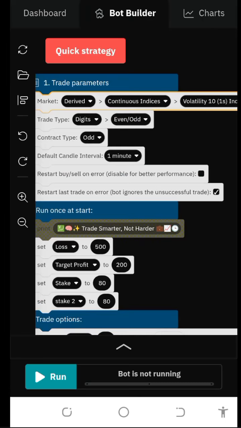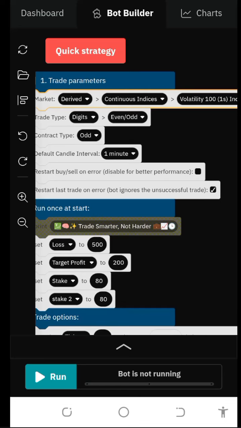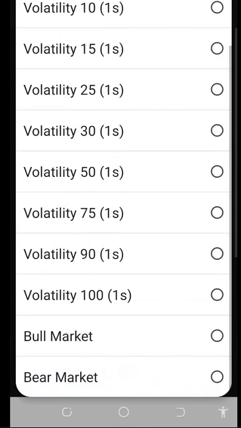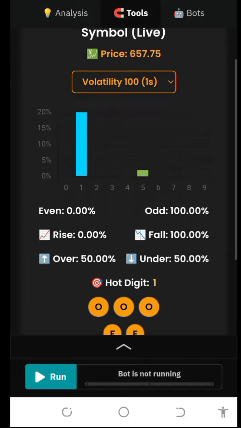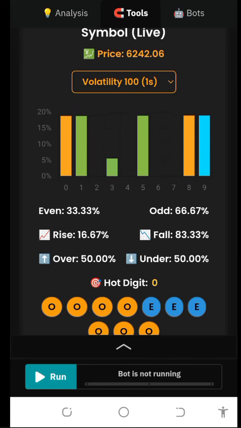So let's come and try and capture volatility 100 (1s) at just 2. Let's see again. You must be very sure. It's better you take your time analyzing than just rushing to take the trades.